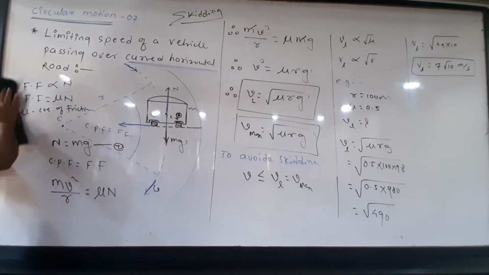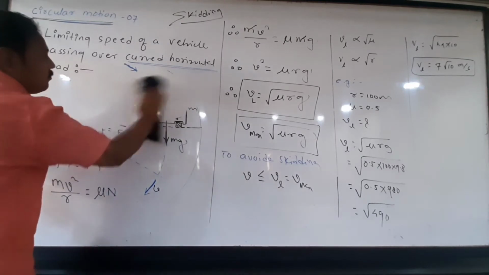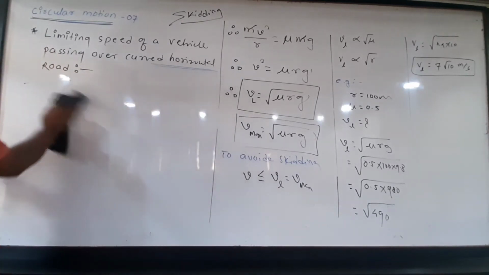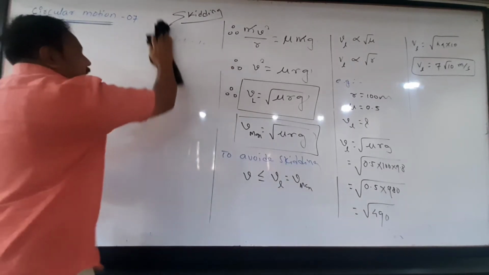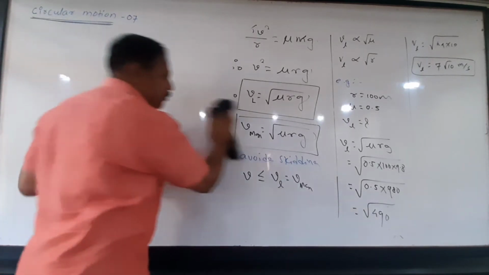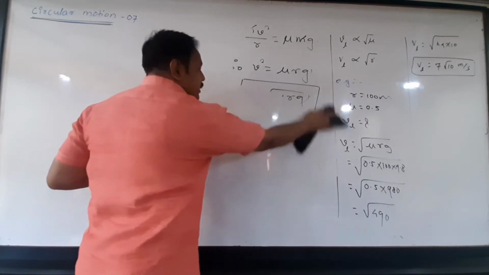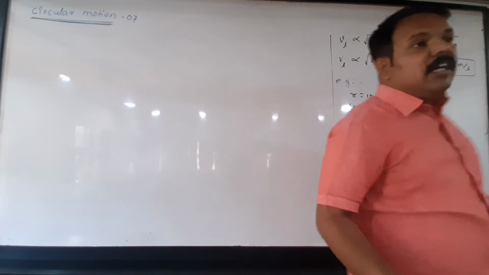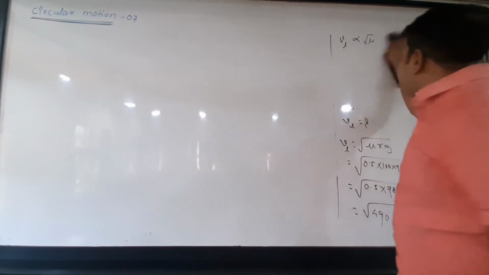Now next we are going to see another one. What is another article? Banking of road. This article also depends upon the skidding of the vehicle. This is also related with the skidding of vehicle.